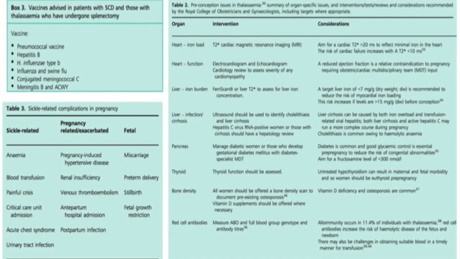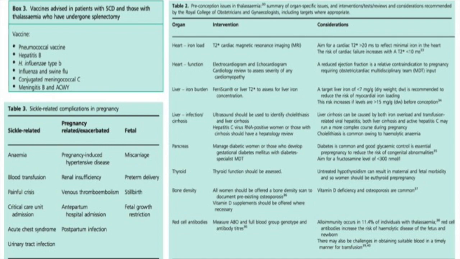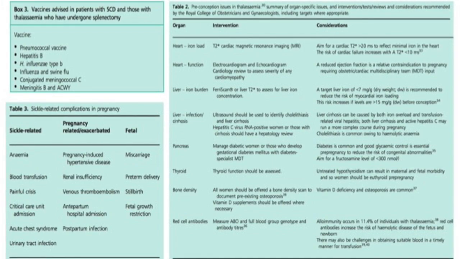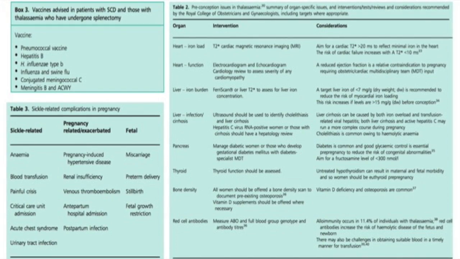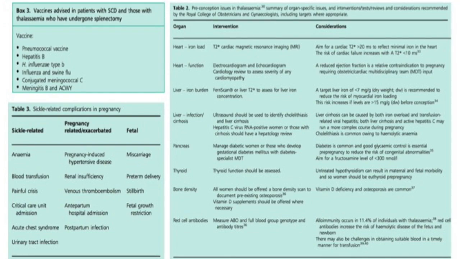Its consideration is to aim for a cardiac T2 of greater than 20 ms to reflect minimal iron in the heart. The risk of cardiac failure increases with a T2 less than 10 ms. Heart function, echocardiogram, and an ECG. Cardiology review to assess severity of any cardiomyopathy. A reduced ejection fraction is a relative contraindication to pregnancy requiring obstetric and cardiac MDT input.